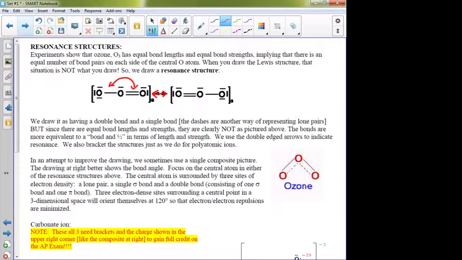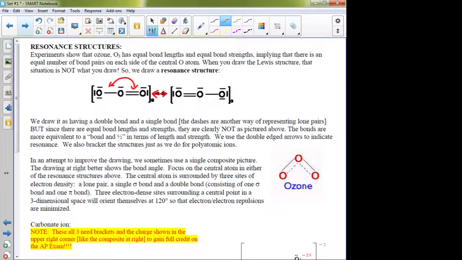Now, when I look at these drawings, I have a definite problem with this. My problem is that they're all oxygens, which means they all have the same electronegativity. So realistically, in real life, am I going to get an area where I've got a double bond here and a single bond here?